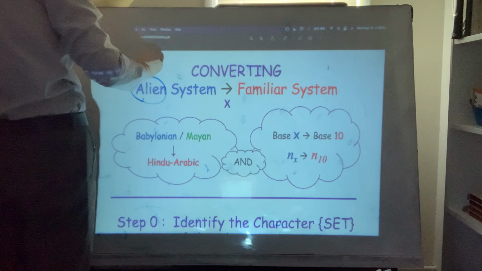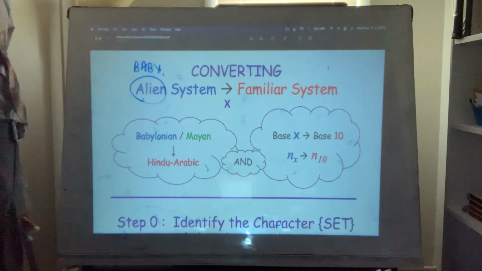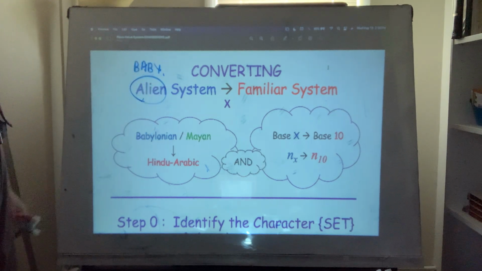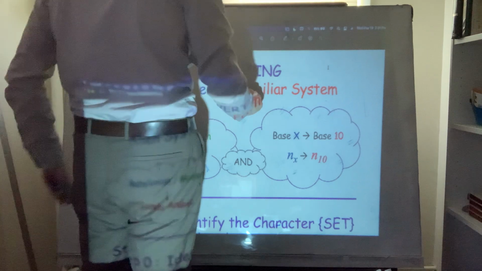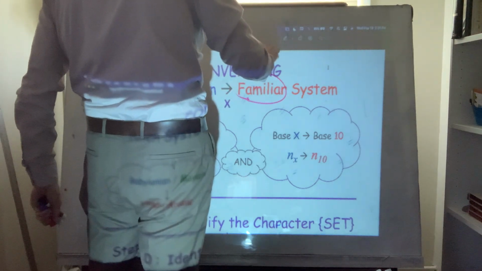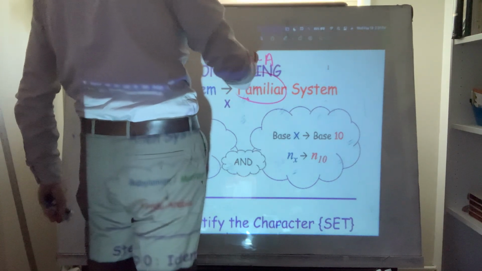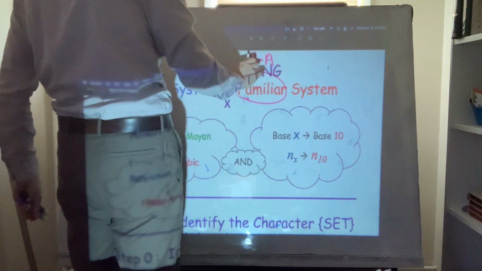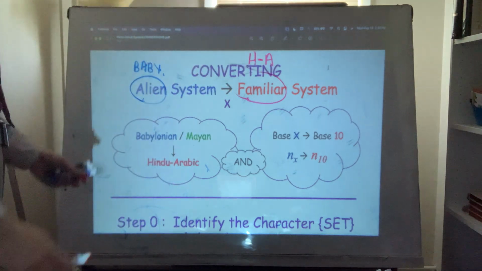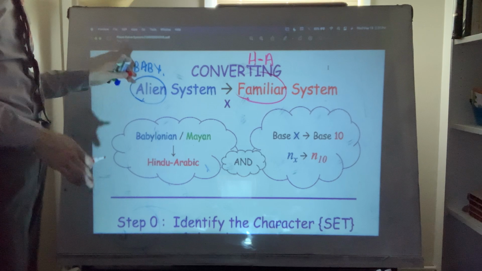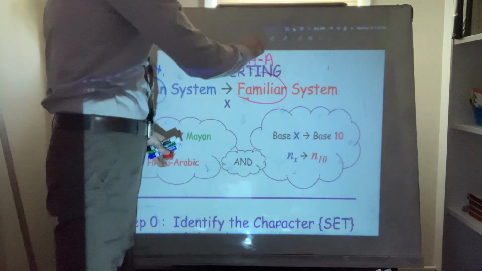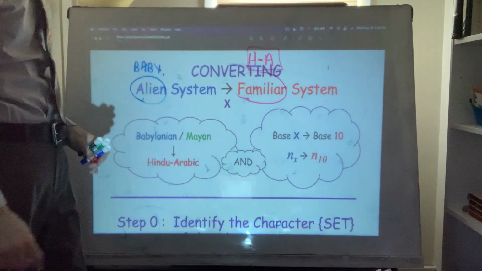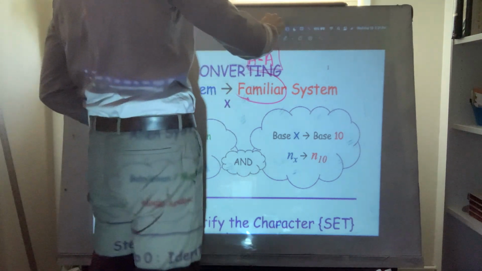Babylonian is alien. Not too many people write in Babylonian anymore, outside of archaeology, perhaps. And I'm dubbing what is familiar the Hindu-Arabic system, because that's what we do. Basically everybody on Earth uses it at this point. So, to generalize, anything that is not familiar is alien. What is familiar is exclusively this, Hindu-Arabic. This set of symbols that we all know and love.